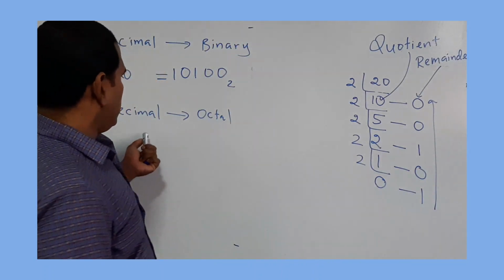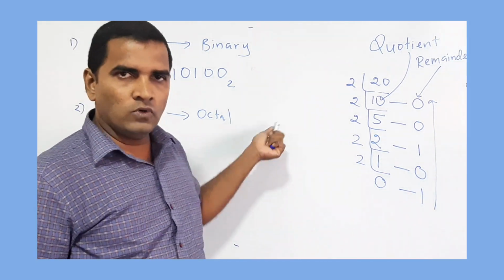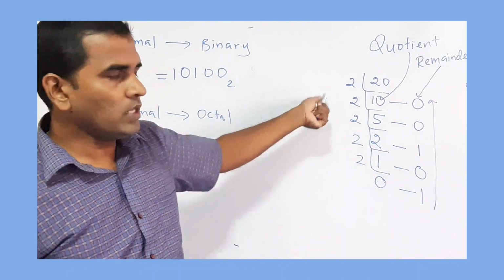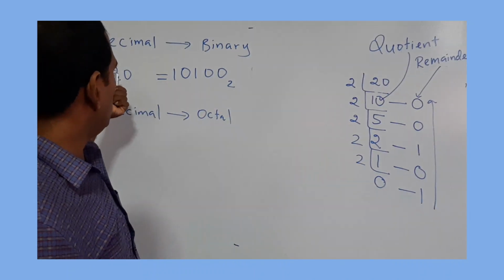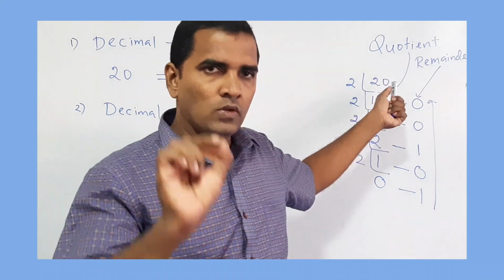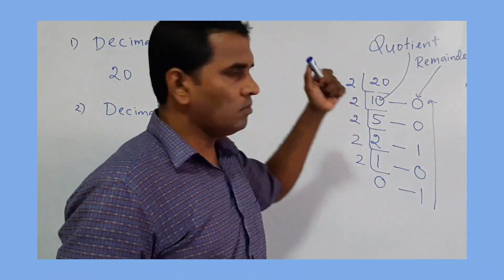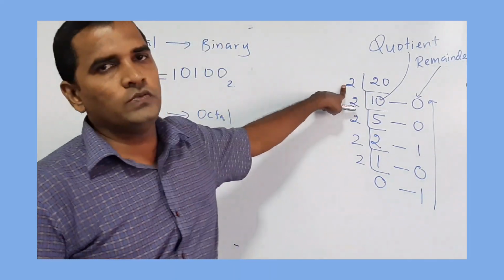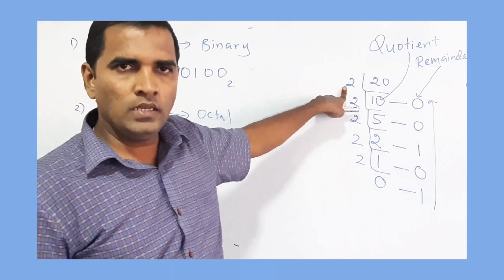Before we start this conversion, I want to highlight something here. Look here, in decimal to binary, you divided that particular decimal number 20 by 2. The reason for dividing this 20 by 2 is the base of the binary number system.